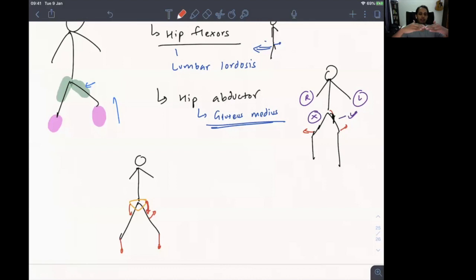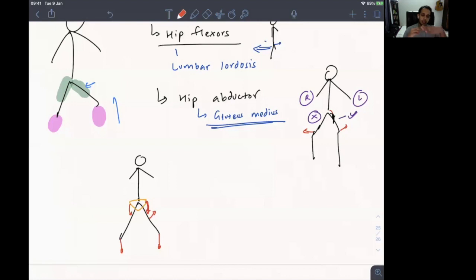So till now your pelvic bone was balanced on top of both your legs and both of them were on the ground. But if you remove the weight from one leg, that pelvic bone, that side should drop down. The reason it doesn't is because as soon as you lift one leg, your opposite side gluteus medius will contract and it will pull the pelvic bone back to your horizontal level.